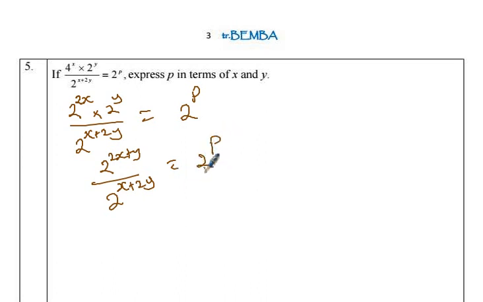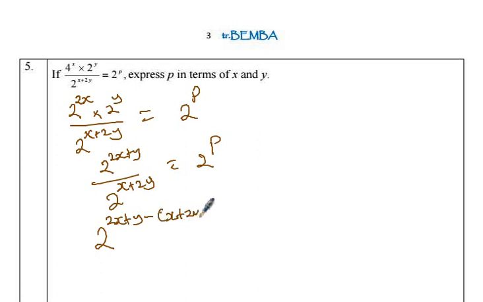Okay, are we there? Then the same base in the numerator and denominator. What do we do when we are dividing numbers with the same base? We need to subtract the powers. But now you need to be smart here, because you have a power which has 2 terms. Then when you are subtracting, the best thing to do is to put brackets, okay?